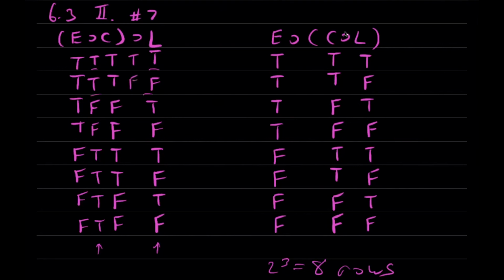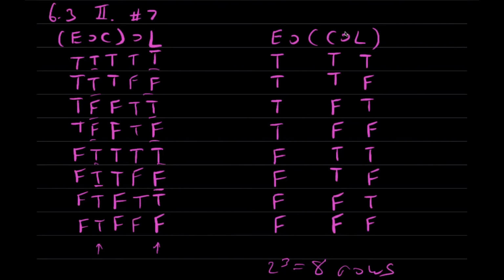Something false implying something true, that's true. Something false implying something false, that's true. True implying true, that's true. But here we have something true implying something false, and that would be false. Then we have something true implying something true, that's true. And in the last row, something true implying something false, that is false.